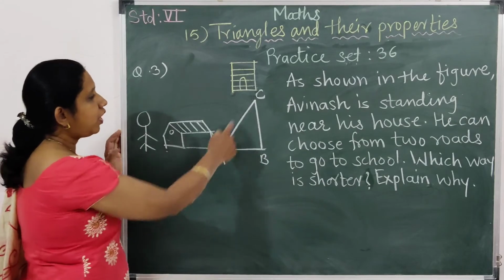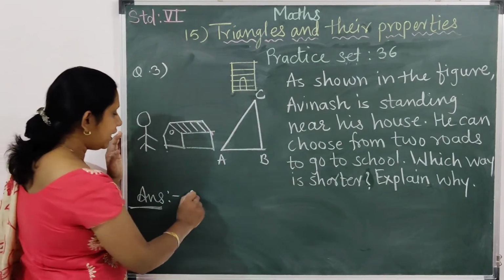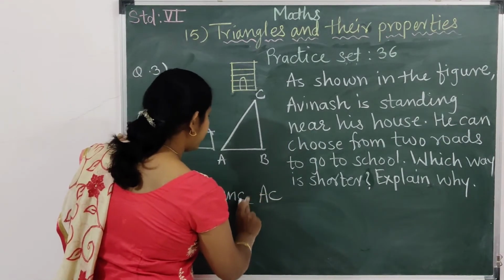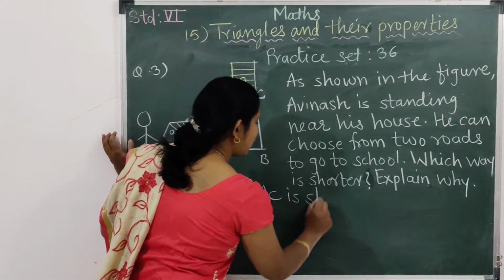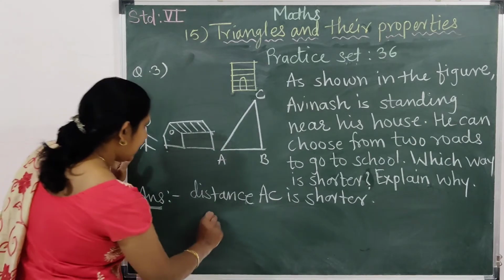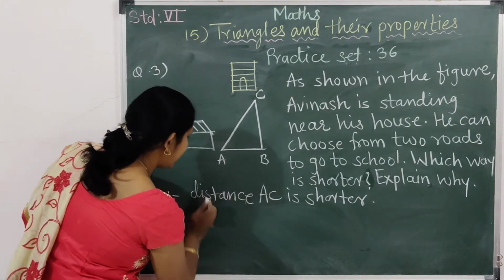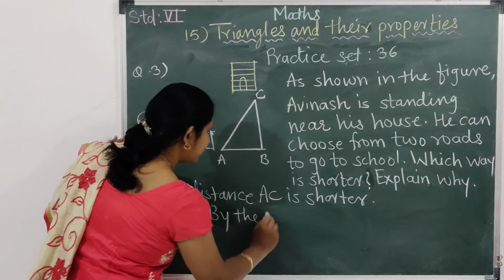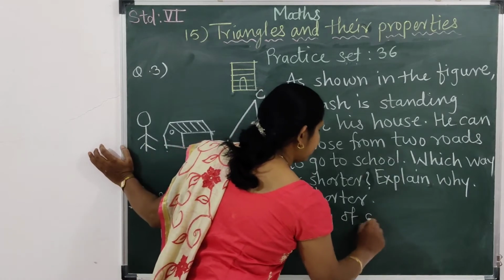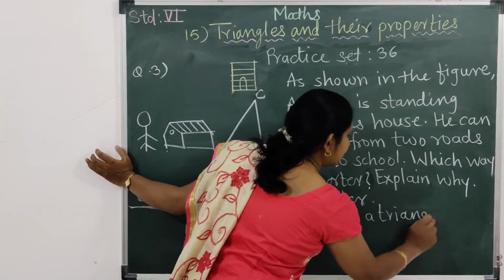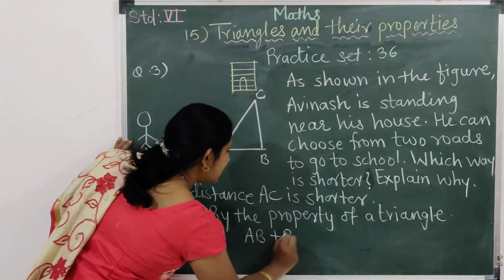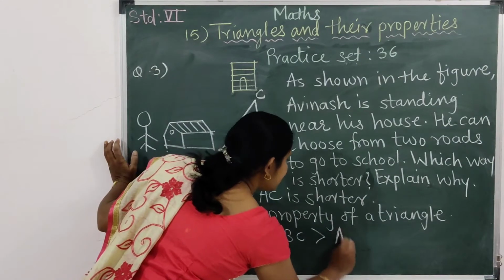Students, now distance AC is shorter. Distance AC is shorter. Why is it shorter? We have studied the property of a triangle: AB plus BC is greater than AC.